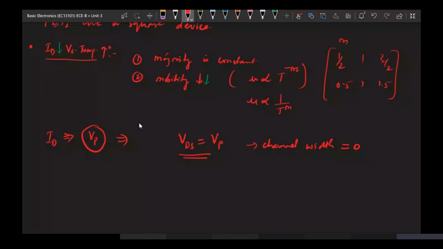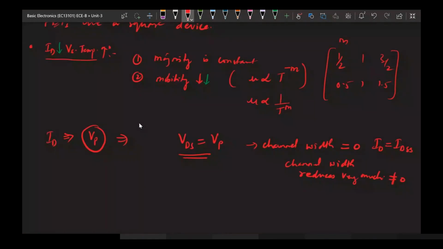That means when channel width is 0, at that time the current is IDSS. But practically the channel width is not exactly 0. At that time the channel width reduces very much, but it is not exactly 0.